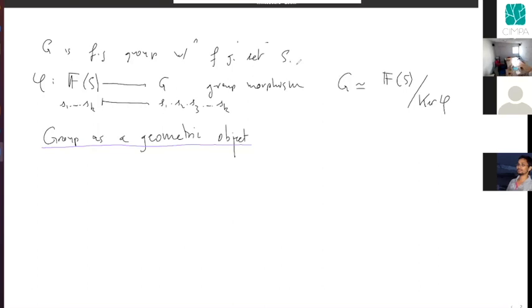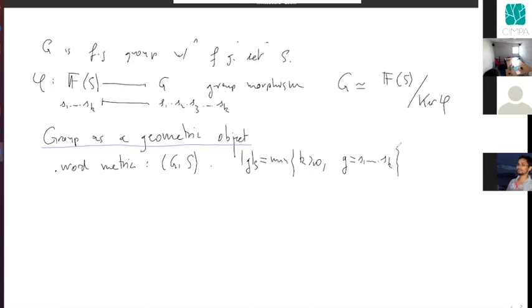So the first thing is to define the word metric. Okay, so for this, we start with a group G and a generating set S. And so you're going to define the norm of an element g with respect to the generating set S, it will be the minimal cardinal that enables you to write the word in terms of the generators.